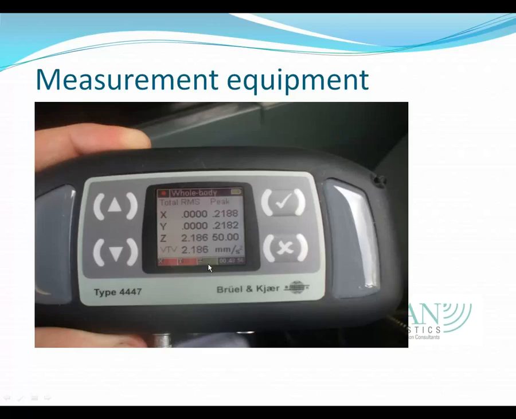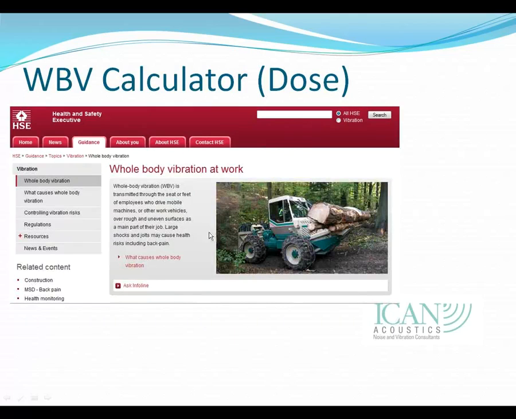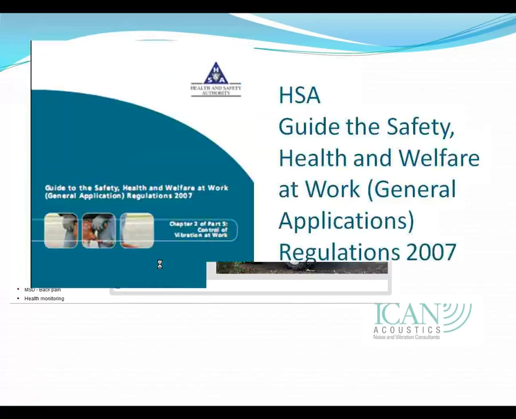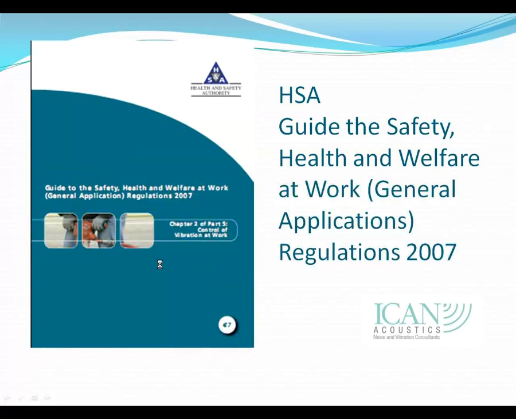Again, it needs to be representative of what the operator is likely to be exposed to. The Health and Safety Executive in the UK have provided very good guidance on this, and as well as that, they also have vibration calculators. The Health and Safety Authority in Ireland also have some information in terms of the General Application Regulations of 2007, and Chapter 2 of Part 5 deals specifically with the control of vibration at work.